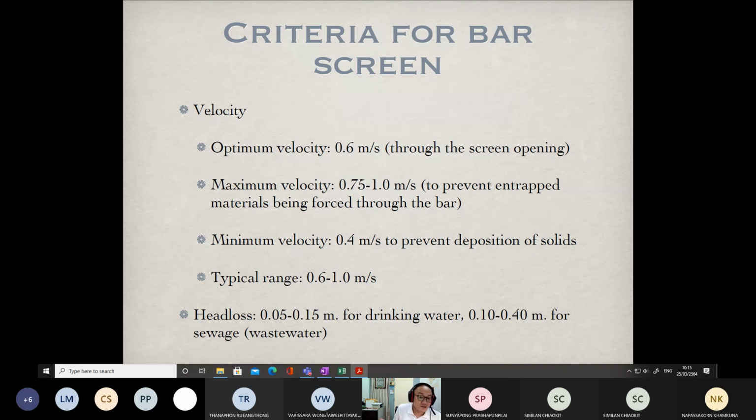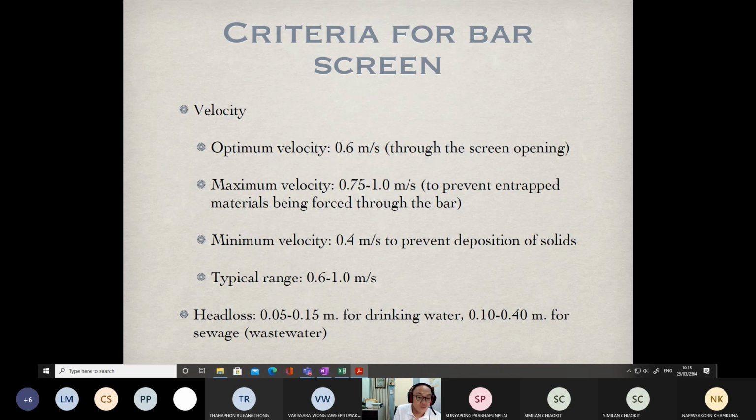This is also not good. And finally, the entrapped materials can be pushed and pass through the bar, being forced through the bar, and that will create problems in the next unit operation. We don't want that situation to happen.